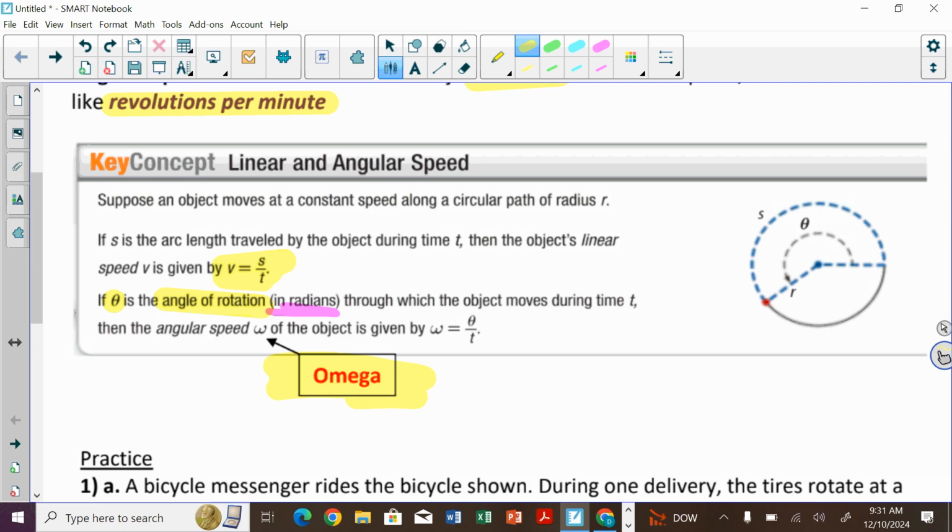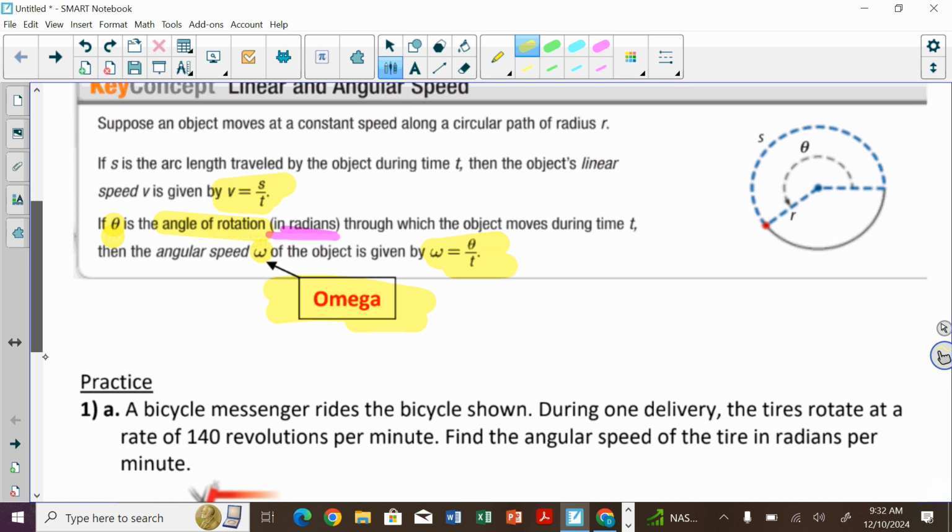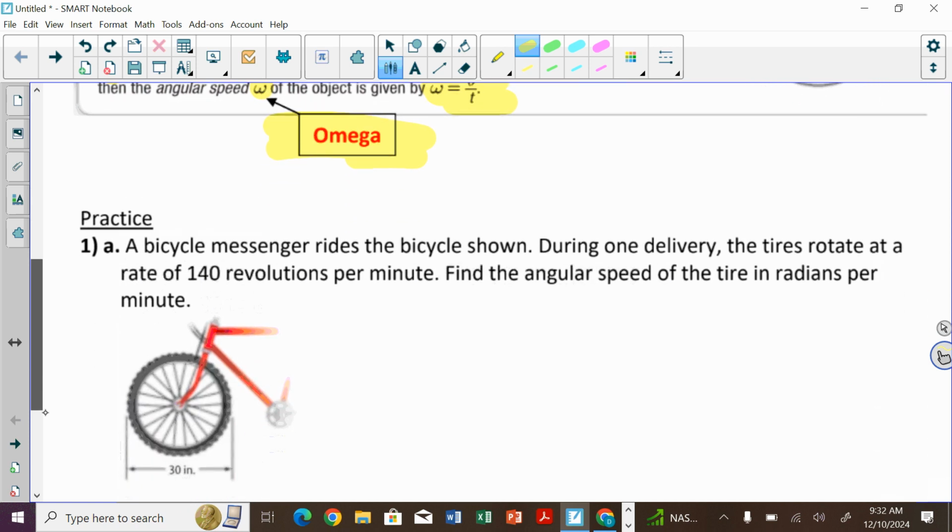You could say W, you could say omega, that's fine by me. It's given by this equation: omega equals theta over t, or the angle of rotation over time, because theta is the angle of rotation. Okay, so let's work through a few of these problems, and then we'll see where we're at.